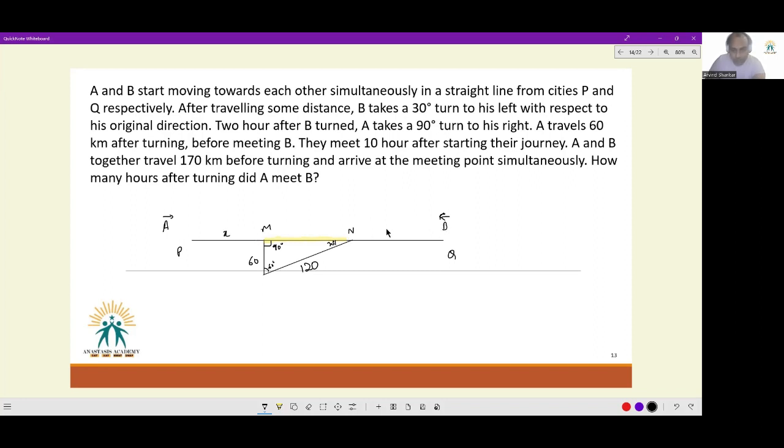So this distance is X. This distance is 170 minus X. Now, in 10 hours, B has traveled 170 minus X plus 120, wherein B has traveled 290 minus X. And A has traveled 60 plus X.